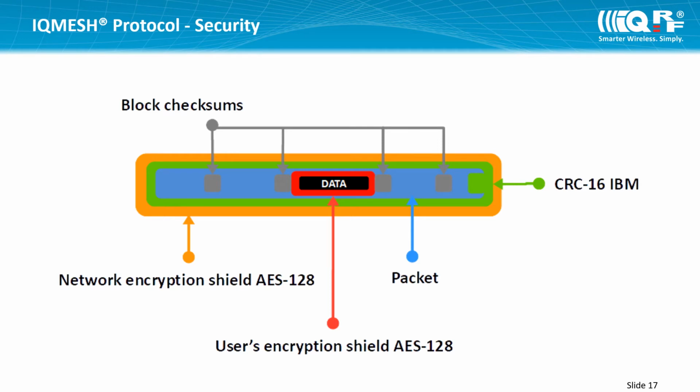The blue color is packet overhead generated by the operating system. It is divided into blocks where every block has its own checksum. The green color indicates the packet consistency check by CRC, and finally the orange color indicates the packet encryption using AES-128.